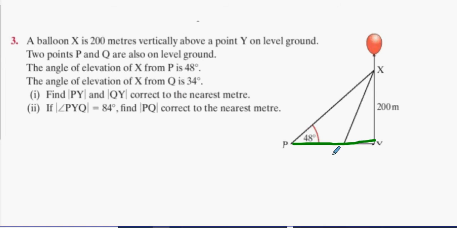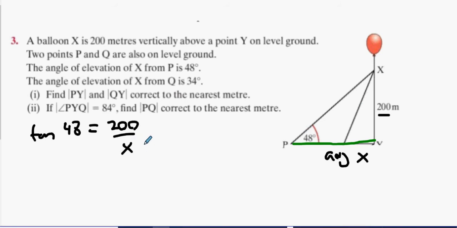Adjacent or opposite? What line is the 200? So what function are you going to use? Tan 48 equals 200, call it x, is that okay? I know x is already in use, but just for argument's sake, call it x. Now how do we get x on its own? 200 over what, guys?